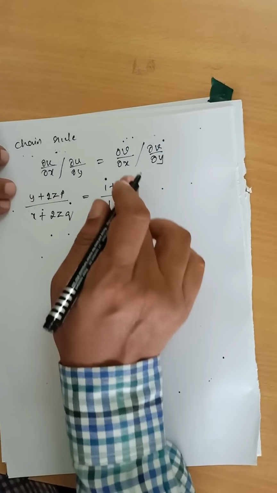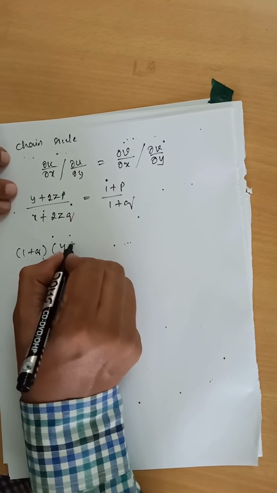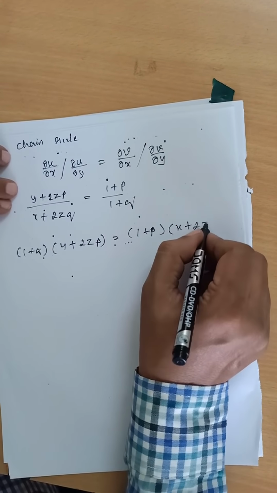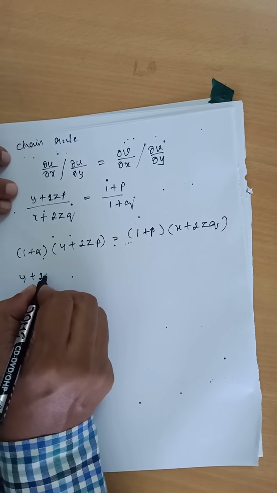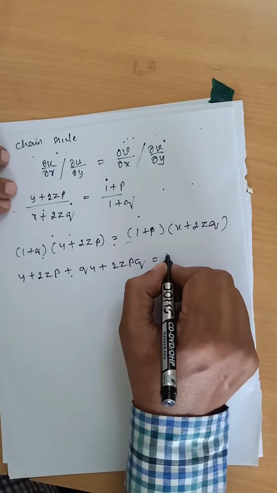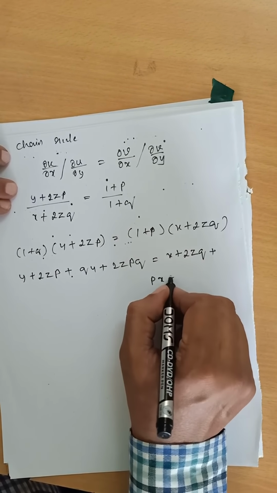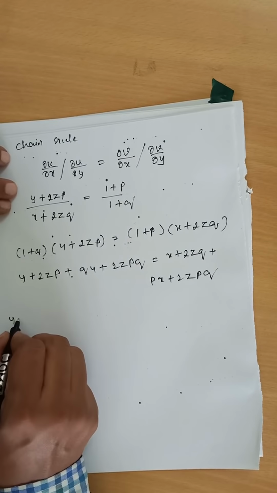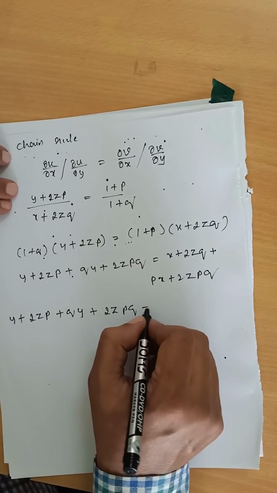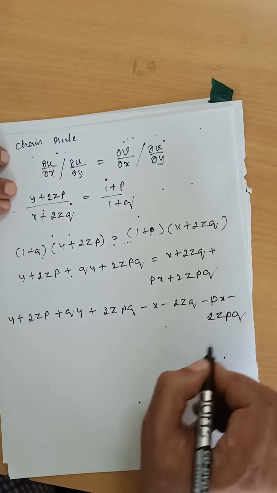Like the previous problem, we simplify, getting pq terms equal to 0.